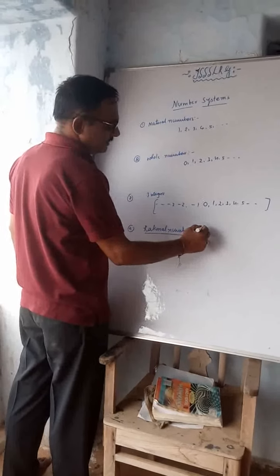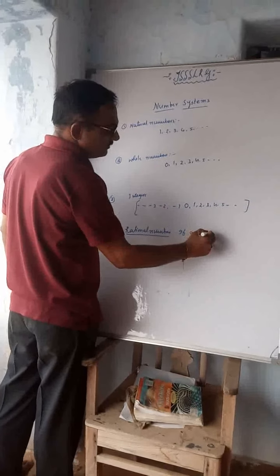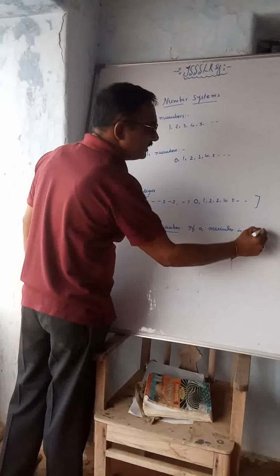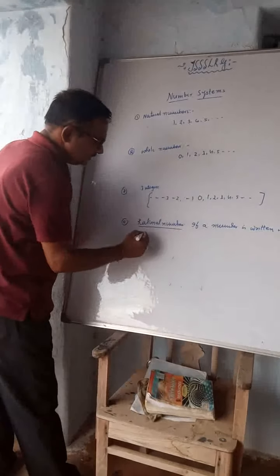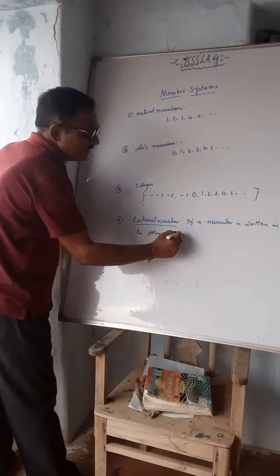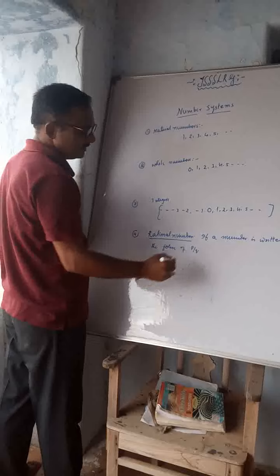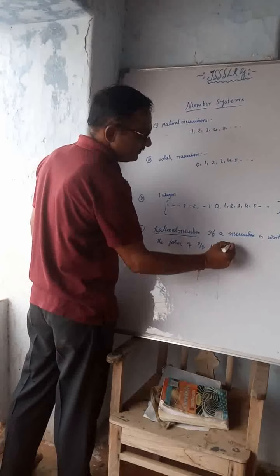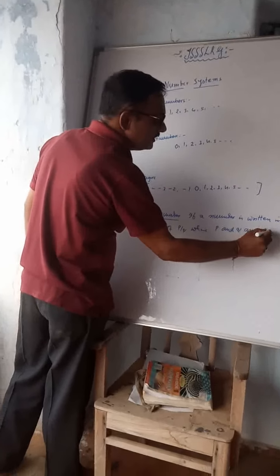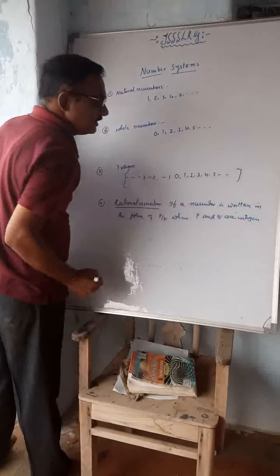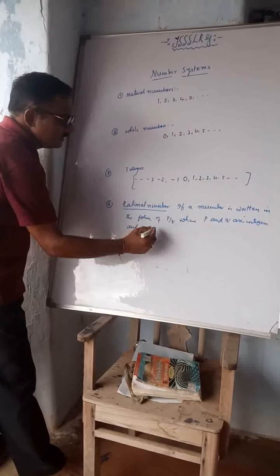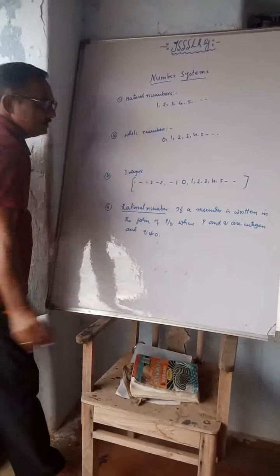If a number is written in the form of P by Q, where P and Q are integers and Q is not equal to 0.